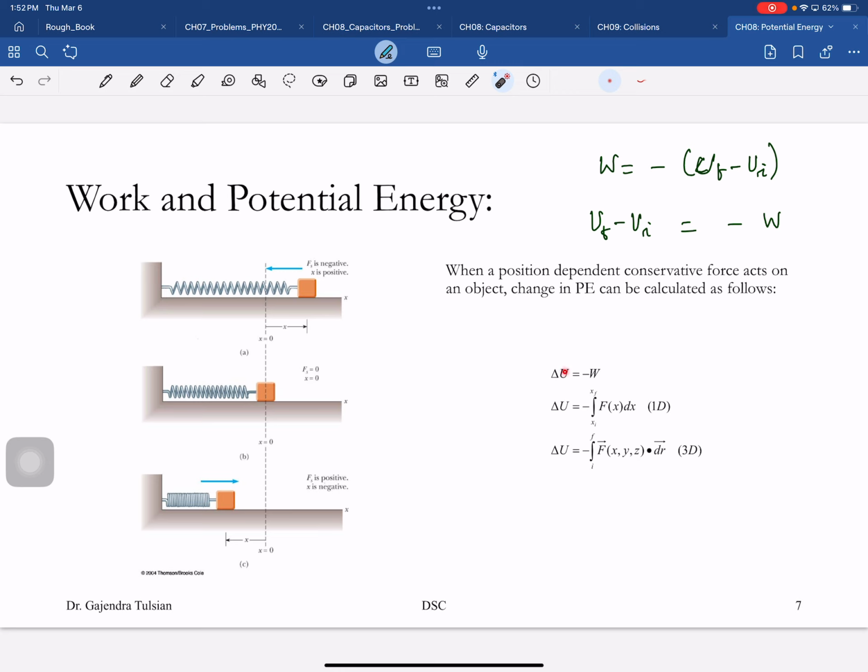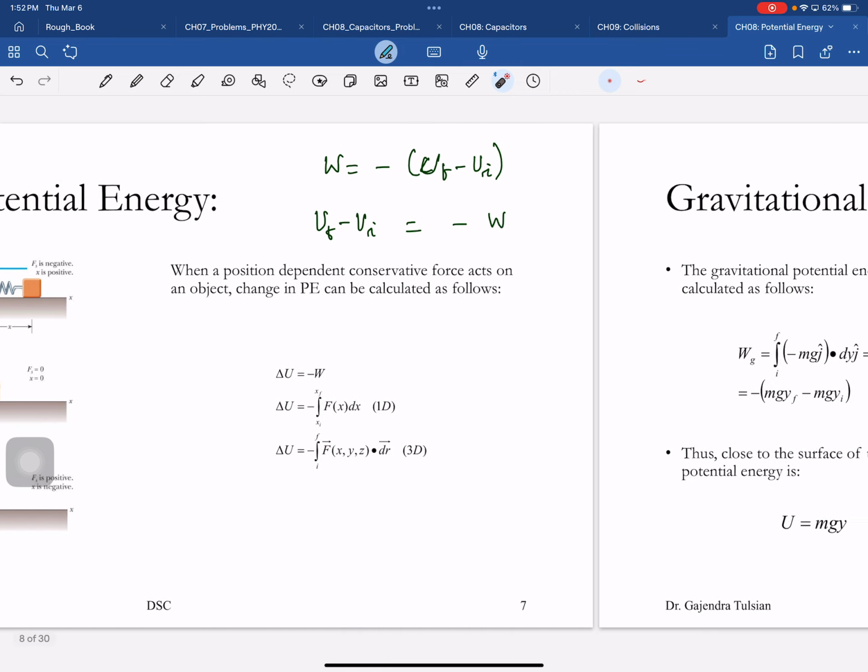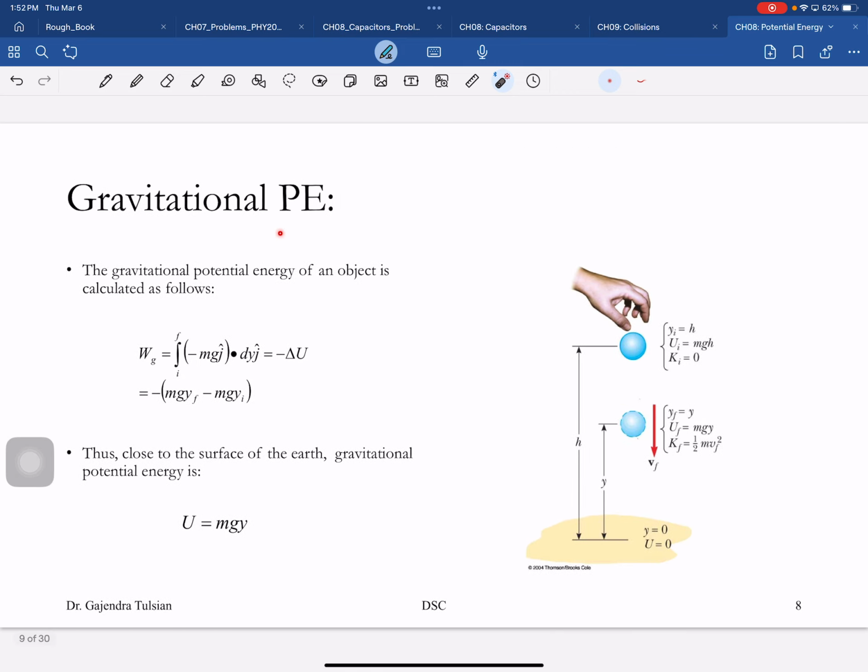Change in potential energy is negative of the work done, and that's for the spring force in 1 dimension, and this is in 3 dimensions. Well, we're going to calculate the gravitational potential energy first. Work done by gravity is the negative of the change in potential energy.